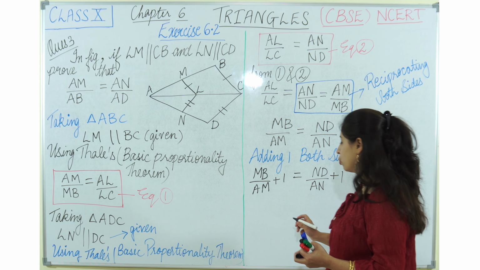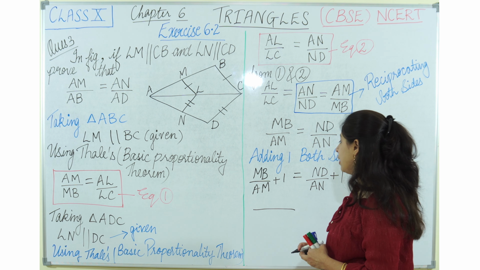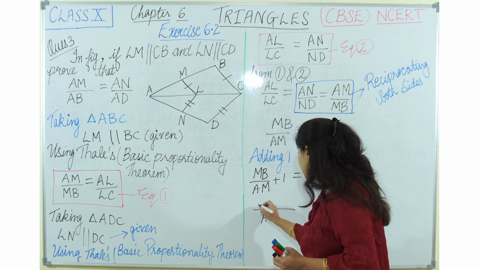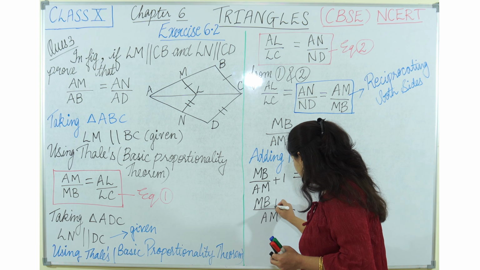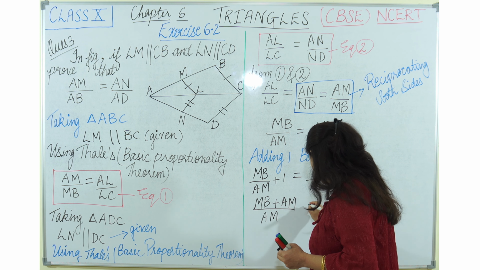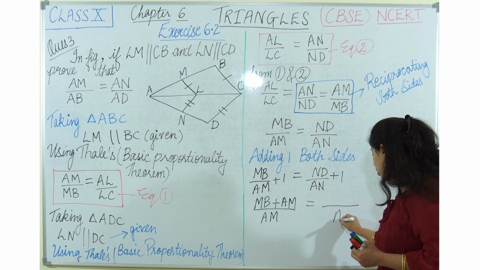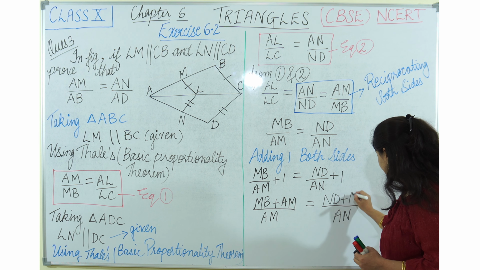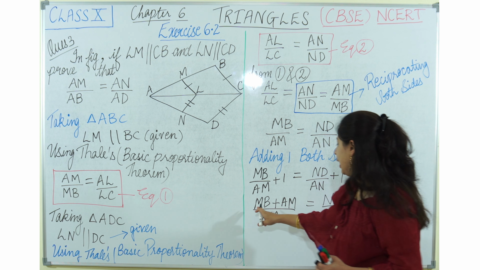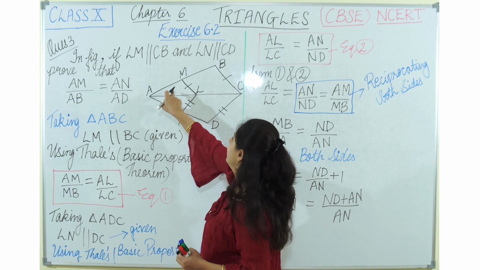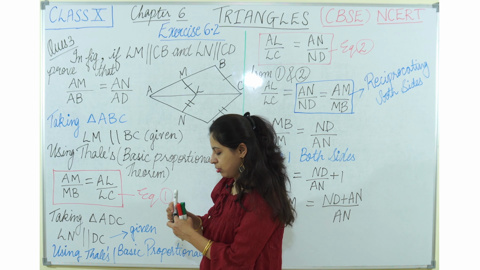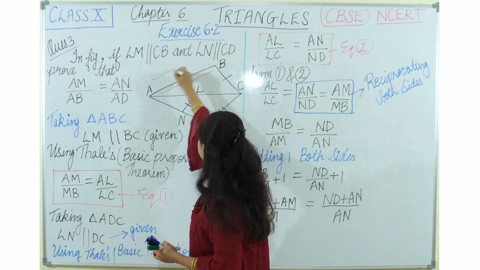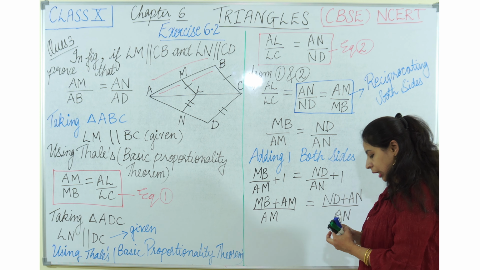Now we take the LCM as AM on this side, so it is MB plus AM, and on this side we take the LCM AN, so it is ND plus AN. When MB and AM are combined, we get AB.